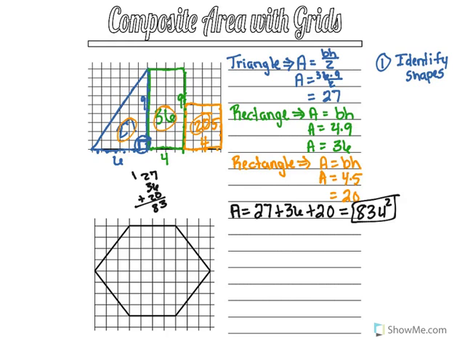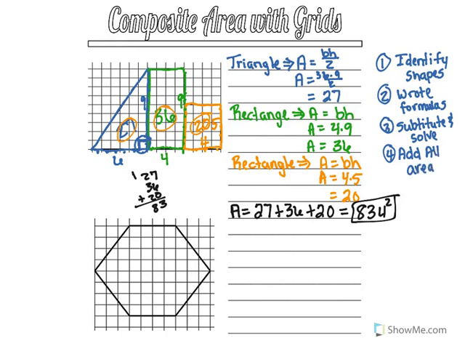Now let's go back over the process. We identified our shapes, we wrote our formulas for those shapes, then we substituted in numbers and found the area. And then we add all areas up to find the composite area.